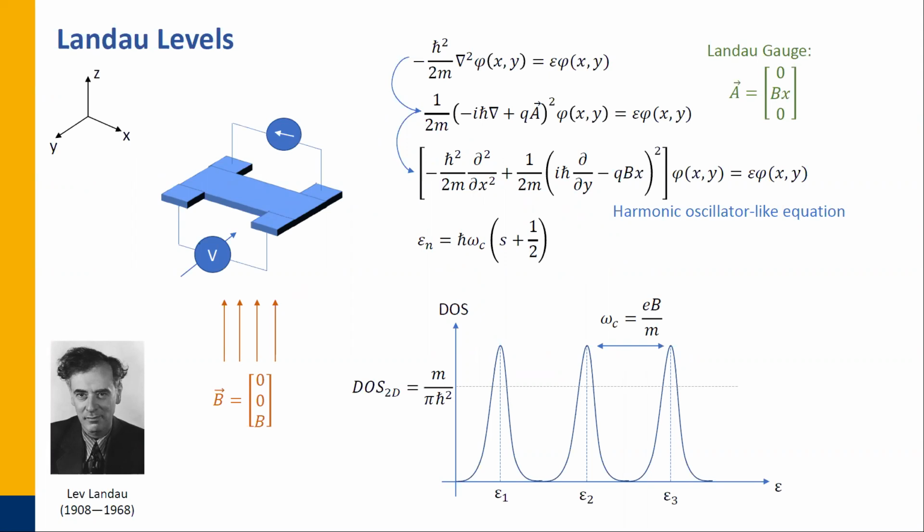We take Schrödinger's equation, we put the magnetic field inside it, we do some simple calculations, and we see that the resulting equation is a harmonic oscillator-like equation. So we know the eigenvalues for the system, right? They are equally spaced, and we have the density of states given by these peaks, which are called Landau levels.